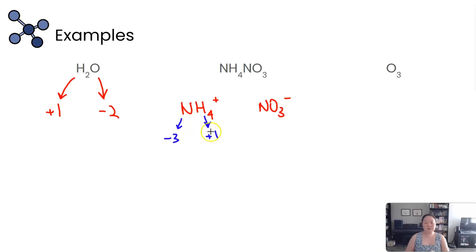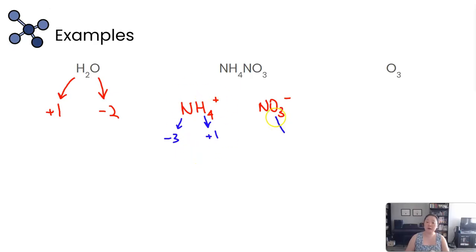As a result, it will turn out that hydrogen is supposed to be +1 anyways, because you have a -3 from here. You have 4 of these hydrogens, but the overall ion does have a +1 charge. So each of these is going to be +1. That will give you +4, -3 plus 4, and then you get your +1 overall for this.